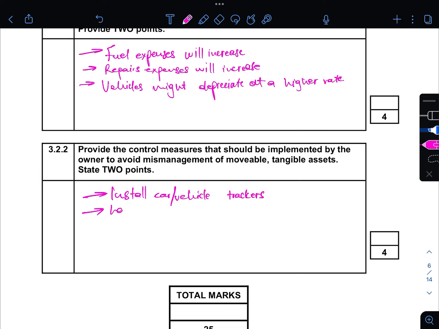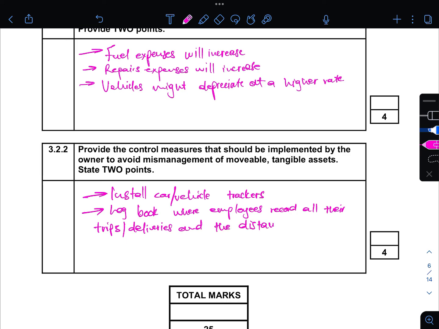Now, a logbook where employees record all their trips or deliveries and the distance traveled.